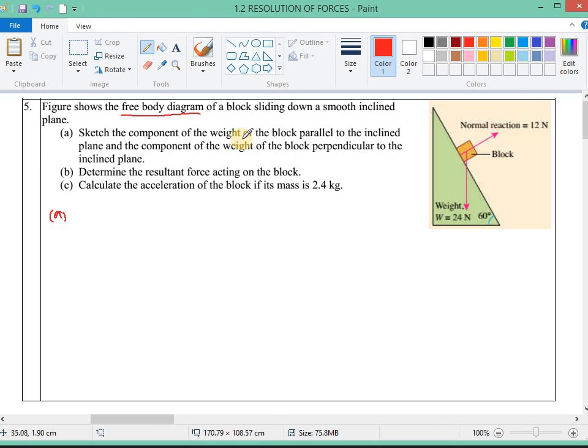The question says sketch component of weight parallel to the inclined plane.